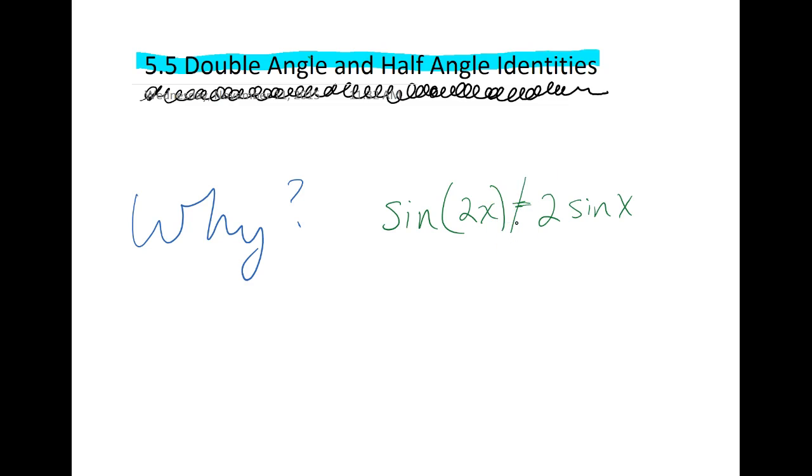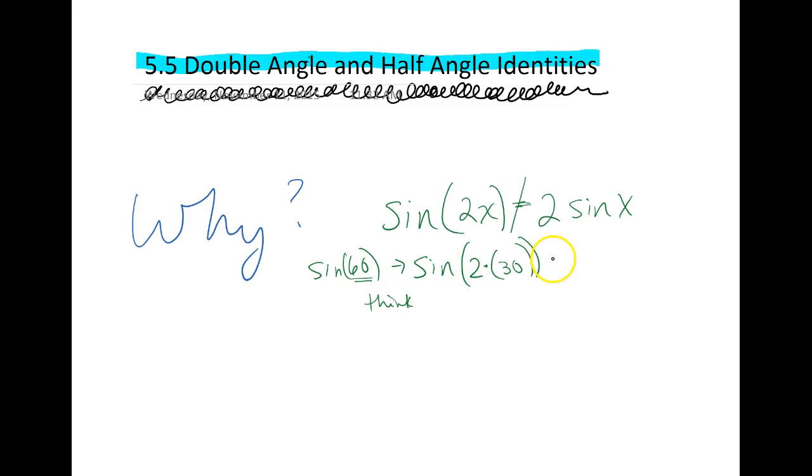And just to prove it to you, what if I took sine of 60 and thought about it as the sine of 2 times some other angle? Now, what would the x be if I'm trying to make it a 60? Well, it would just be a 30. So if you think of the sine of 60 as this instead, you've just thought about it as a double angle. I'm doubling 30.